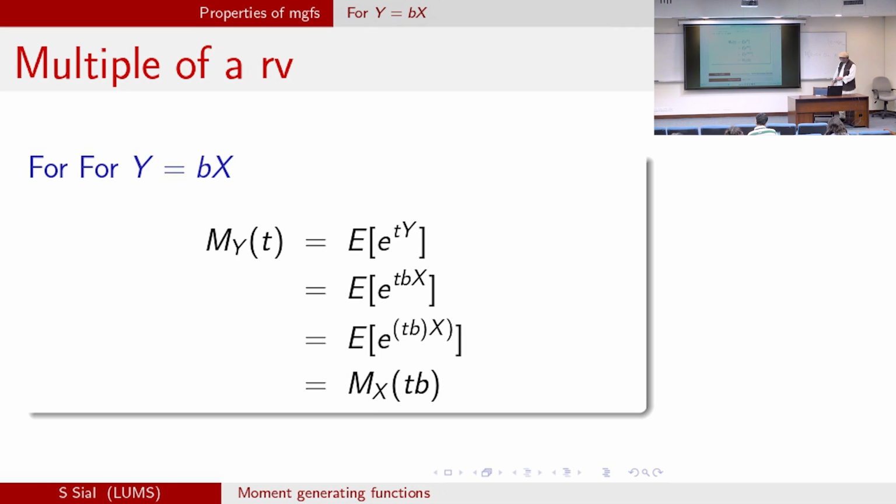So this is the MGF for x with t replaced by tb. So if you knew the MGF for x as a function of t, and you want the MGF for b times x, b is a constant, then just take the MGF for x and replace t by bt, and there you have it.